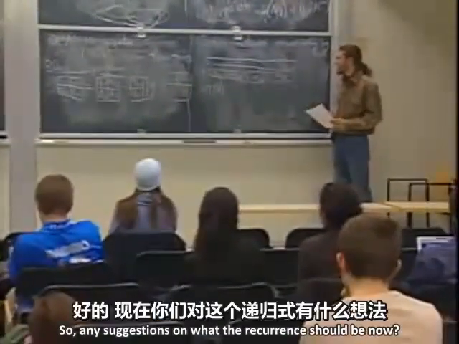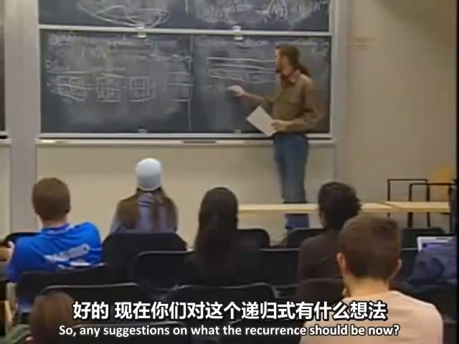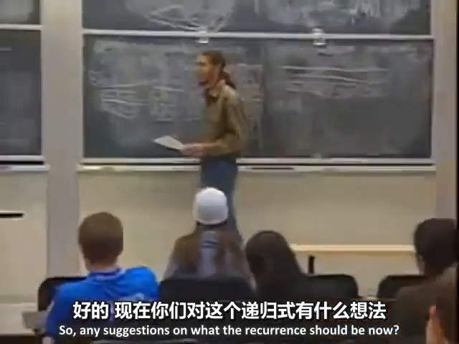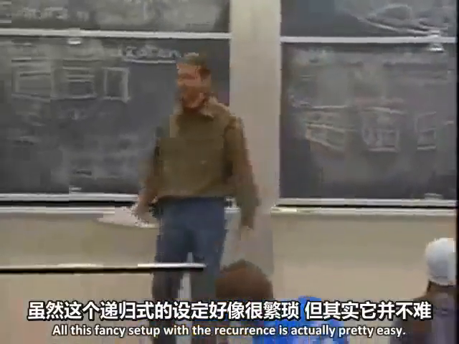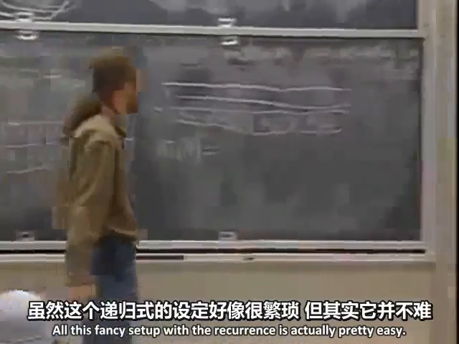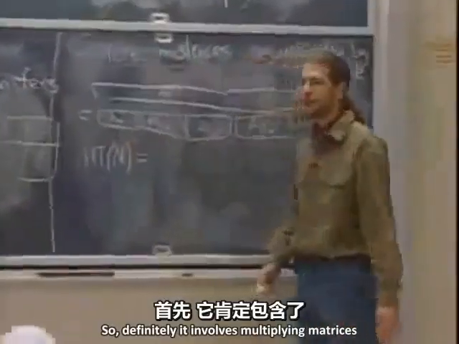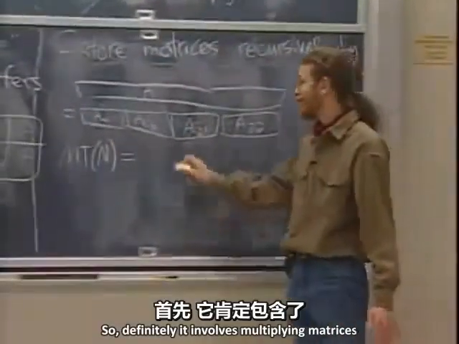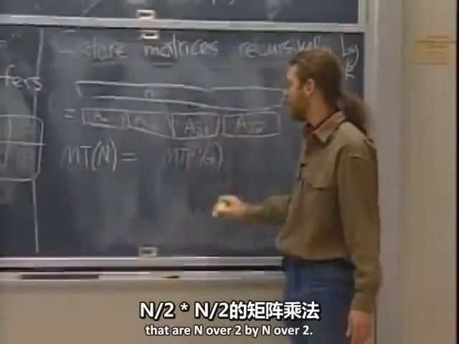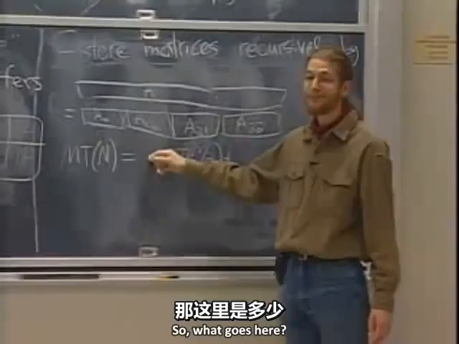Okay. So, any suggestions on what the recurrence should be now? All this fancy setup, but the recurrence is actually pretty easy. So definitely it involves multiplying matrices that are n over 2 by n over 2. So what goes here?